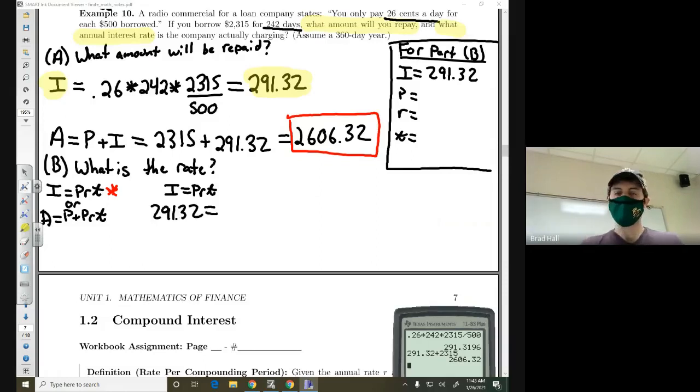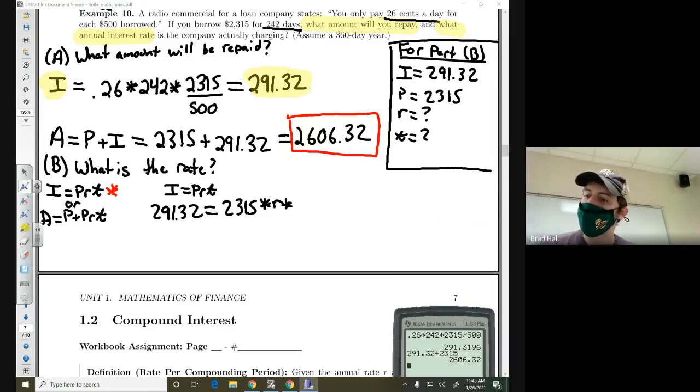The P value, the amount we started off with or borrowed, that was $2,315. Times the rate, which we don't know, times the time, which is 242 days divided by 360, as the assumption by my math lab.